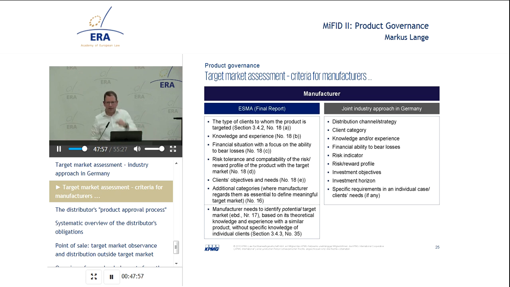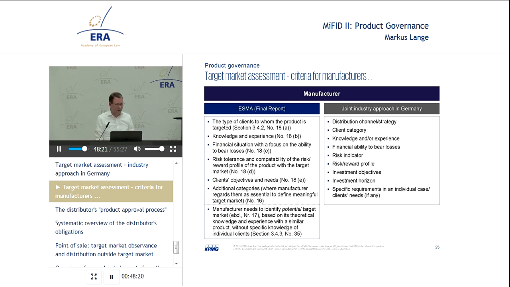And just one second, and as a result of this, I just made a kind of private market survey in January looking at a discount broker's website in terms of what target markets are provided there. And the target markets which are provided there are very, very generic. They are much more generic than the examples ESMA has shown in its Annex 5.